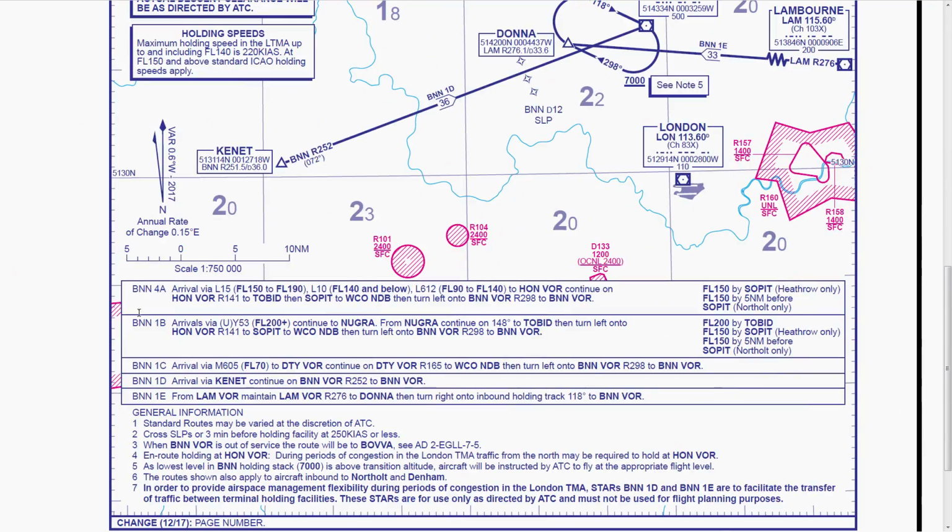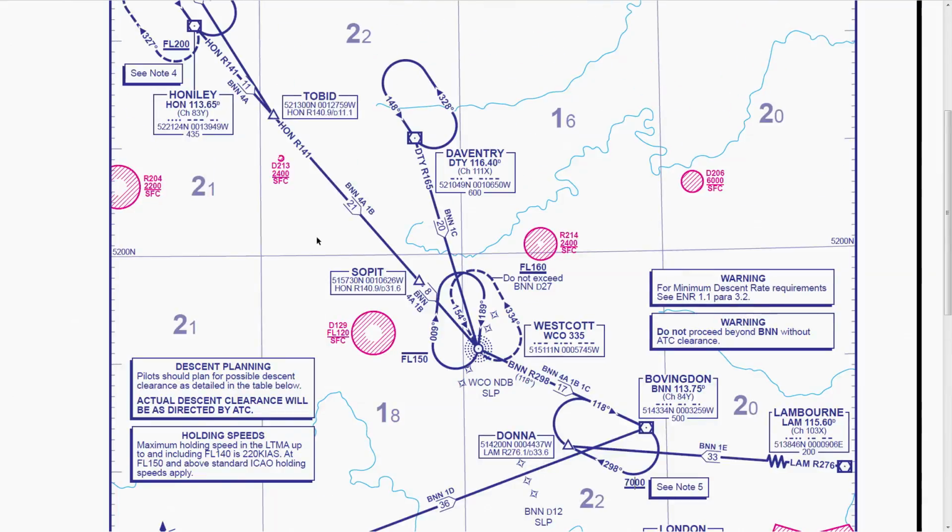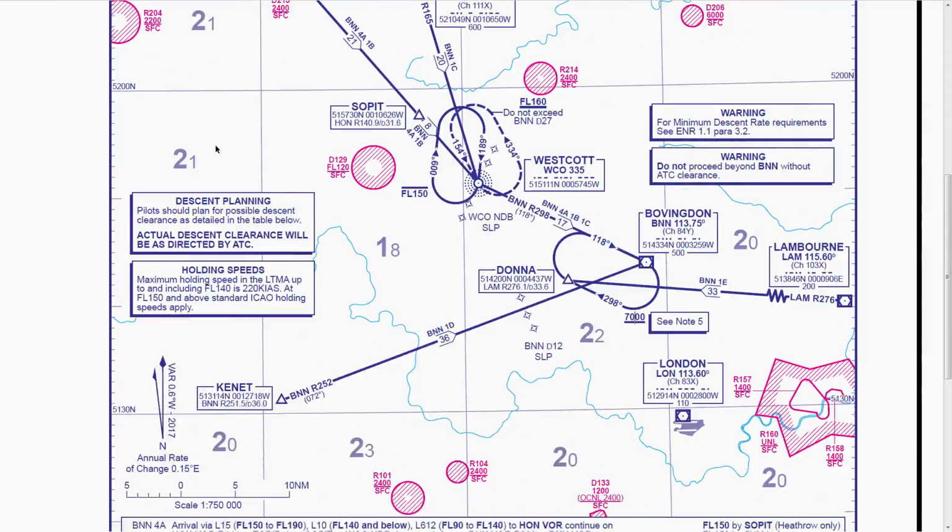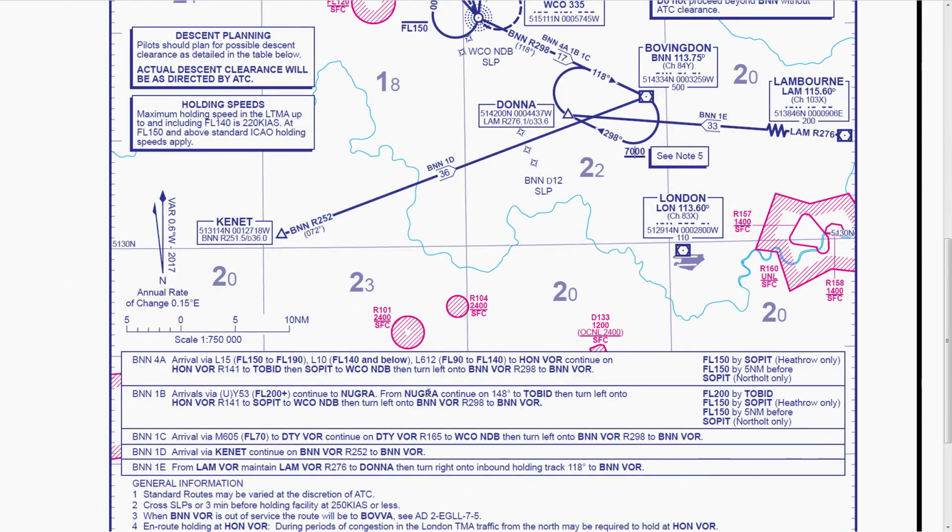So let's have a look, for example, here. We're using the 4 Alpha. So arrival via Lima 15, flight level 150 to 190, Lima 10, flight level 140 and below, Lima 612, flight level 90 to flight level 140 to Honolulu VOR. And we were using a different one. We were actually using it from Samba to go to Honolulu.